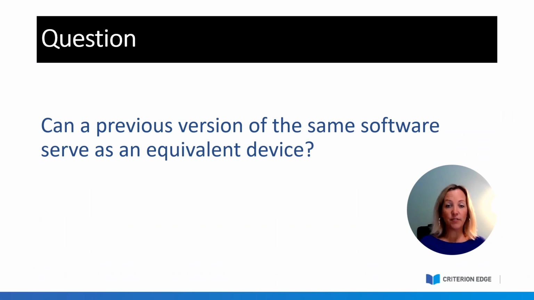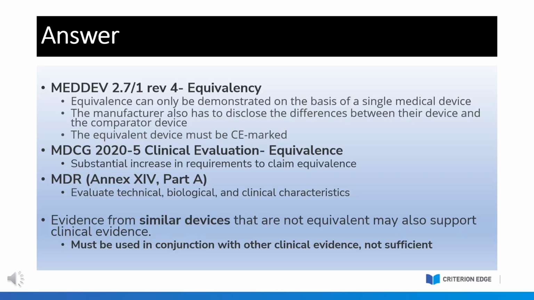Can a previous version of the same software serve as an equivalent device? Claiming equivalency is getting trickier and trickier. MedDev 2.7-1 Rev 4 was the first real outline of the requirements for claiming equivalency. The basis in that document was equivalence can only be demonstrated on the basis of one single medical device.